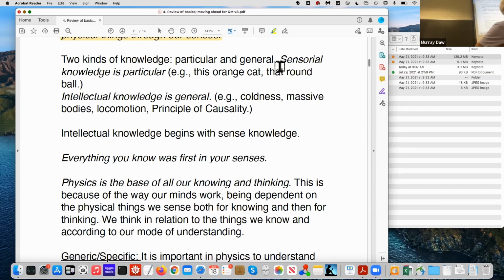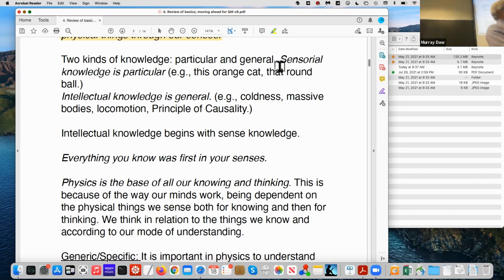It's not particular. So I know coldness, or I understand locomotion, or I know the principle of causality, or I have other physics principles. Those are general. They apply to everything, not just particulars. Physics is general. It's not just that particular cannonball, but all of them, right? Everything being shot out of a cannon. That's what we're studying. We want to understand the general principles behind something.